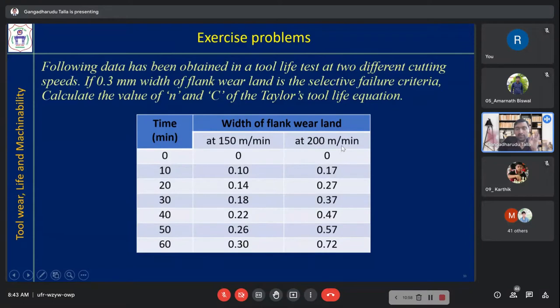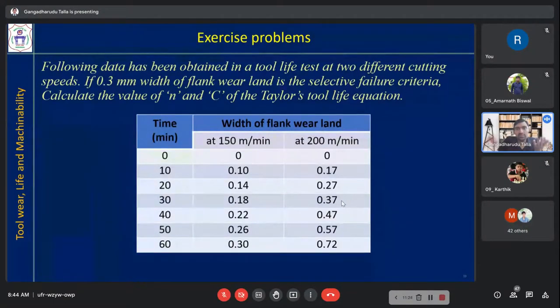At 200 meter per minute, it is somewhere between 20 and 30 minutes if you see. At 20, you are getting 0.27. At 30, you are getting 0.37. Now at what time will you get 0.3?